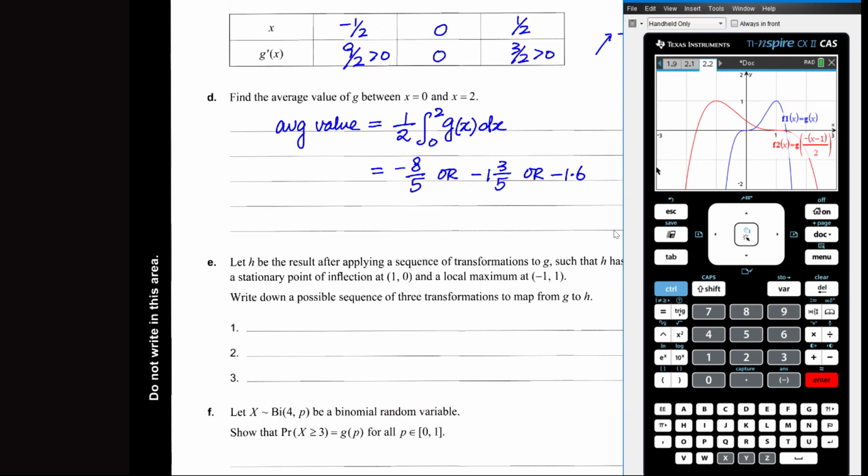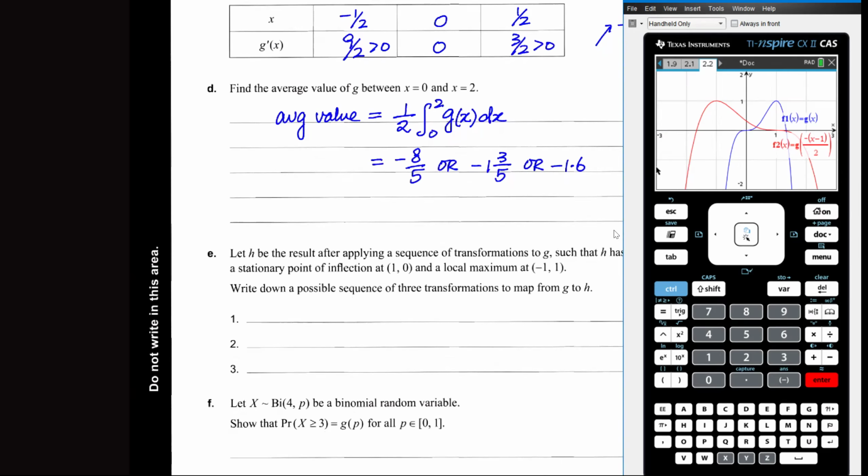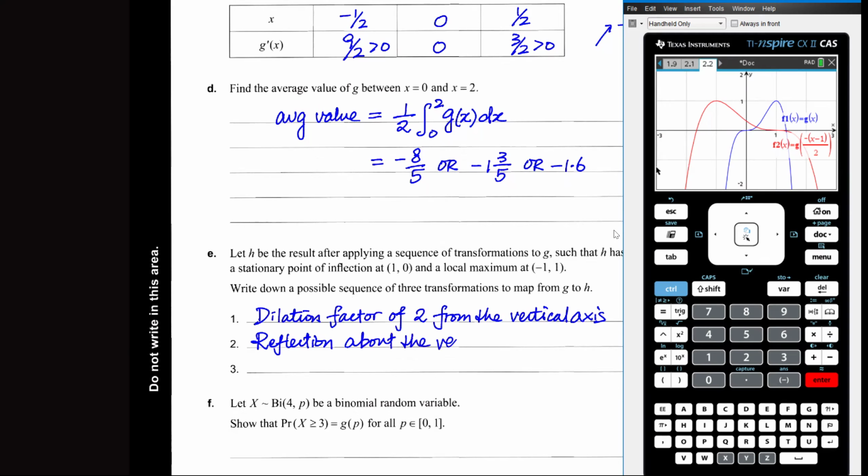So we can do dilation factor of 2. Dilation, reflection, translation.